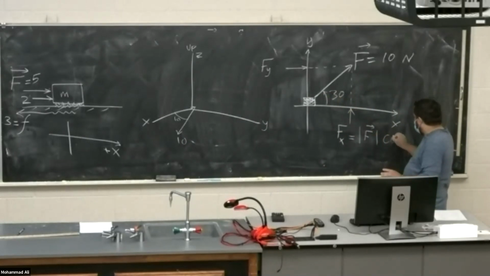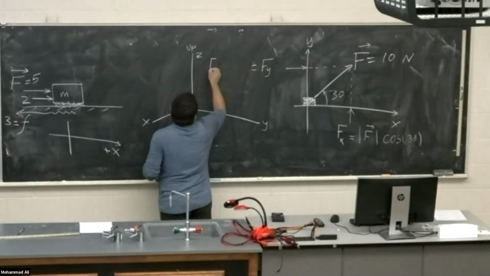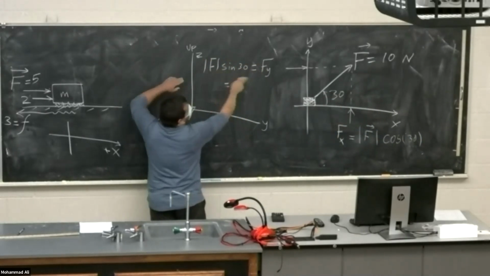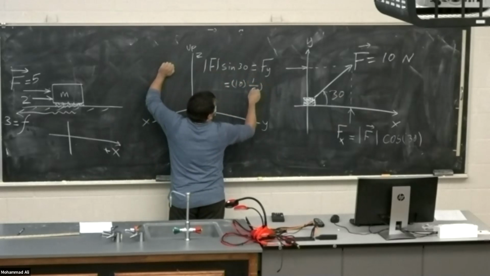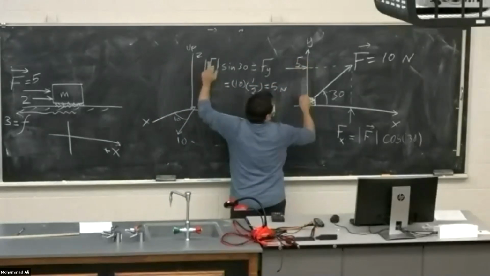So I have cosine 30. Here it is equal to F as a length sine 30. In this case, F is 10, the sine is half. This is 5 newtons. This is 5.